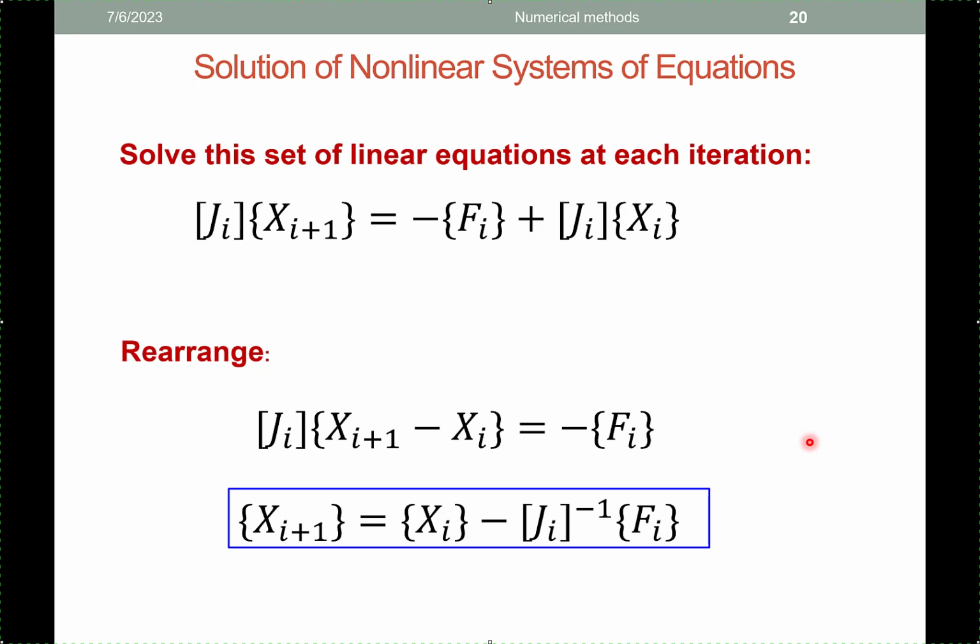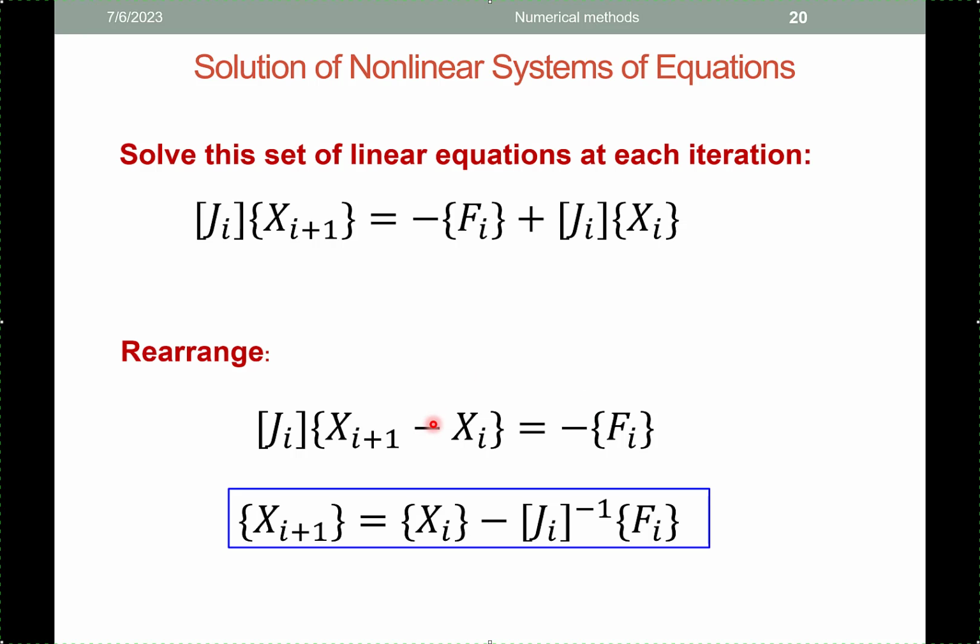So how do we solve this? Well, this is how it looked in the previous slide. We have the Jacobi in here twice, so we factor it out. We have xi plus 1 minus xi equal to the negative of the function, what we see here. Then we take the inverse of the Jacobi and multiply it by the negative value of the function at the initial guesses.